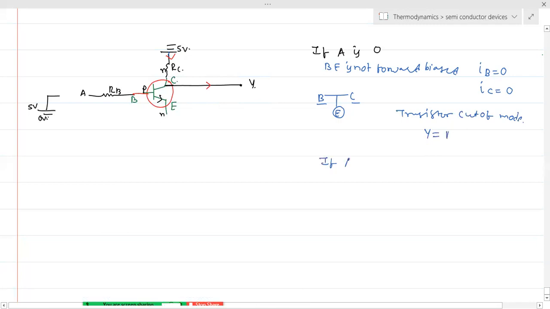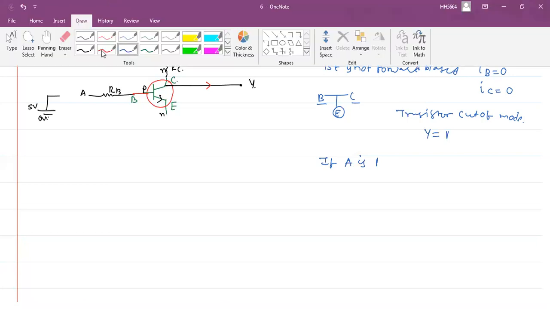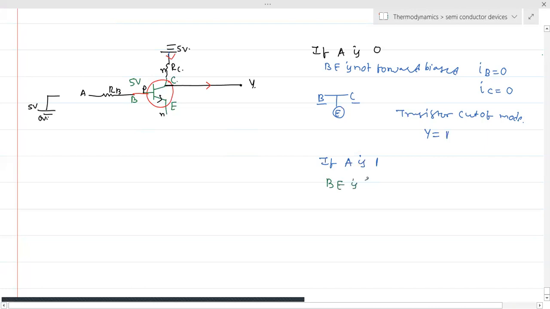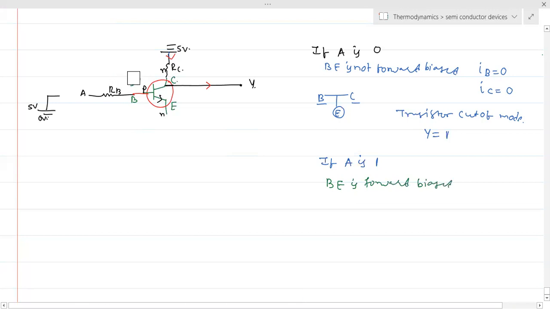Next I am taking A is 1. If A is 1, it means we are giving 5 volts. When 5 volts is given to the base, definitely the base emitter junction is forward bias.